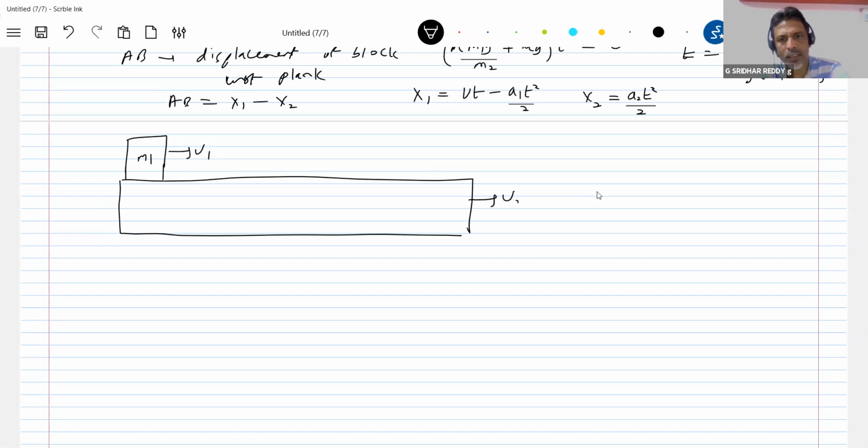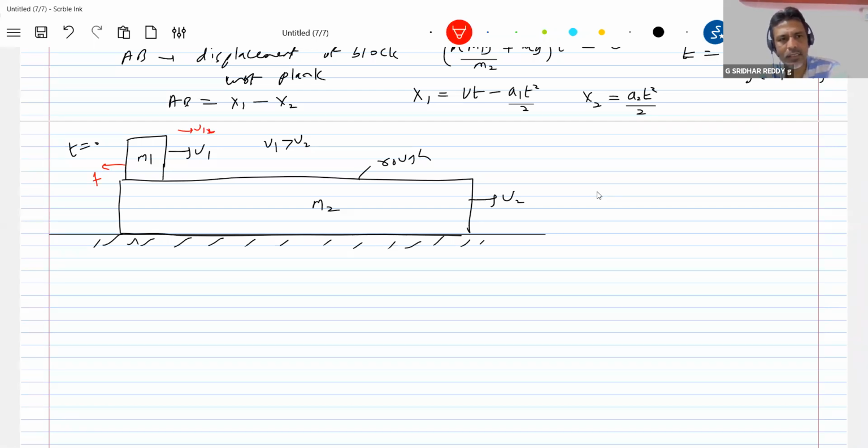What conditions will arise here? This is rough. At t equals 0, this is the situation. If u1 is greater than u2, we'll determine the direction of friction. I'll put a condition later. U1 greater than u2. Then u12 will be in this direction, so the friction will be like this. U21 will be in this direction, then the friction will be in this direction.